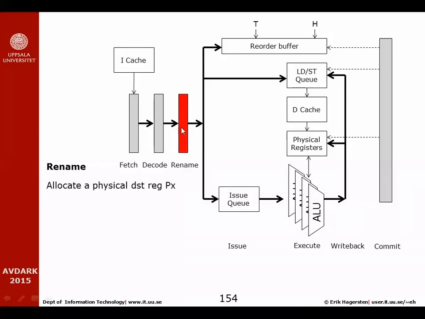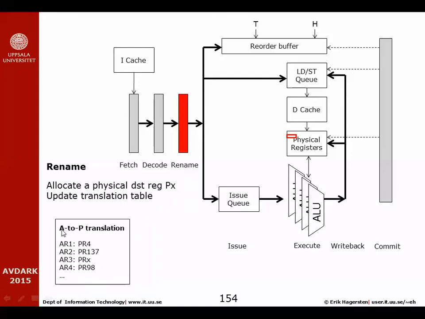In the rename stage, you allocate a physical destination register. So in the physical register file, and I keep emphasizing physical here, you allocate the register. So you say from this instruction executed here, its destination register is going to be exactly that register over there. And then you update a translation table to remember what rename you did.